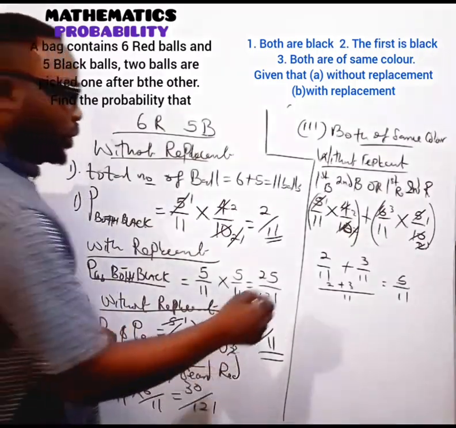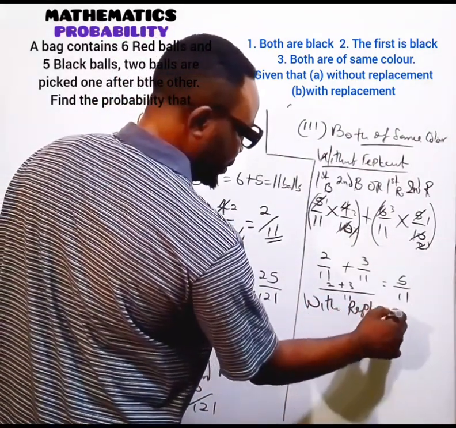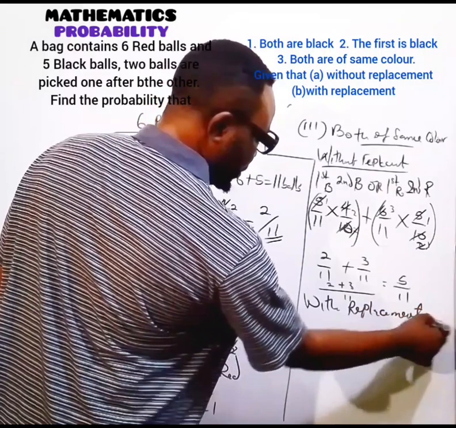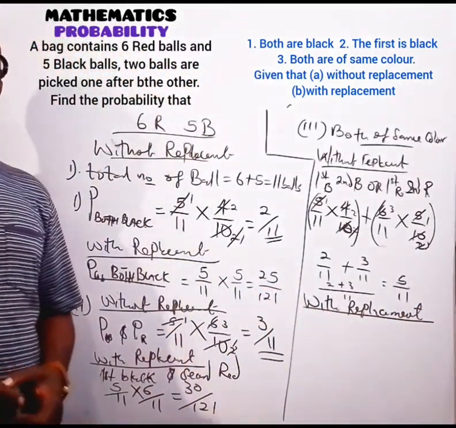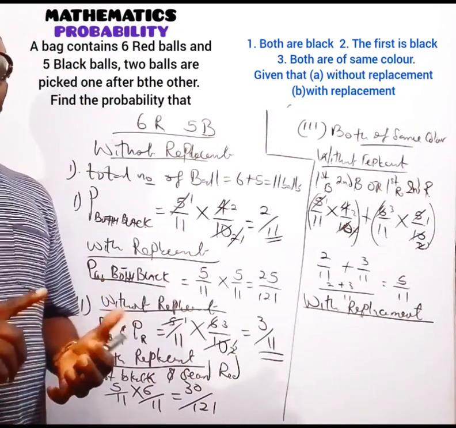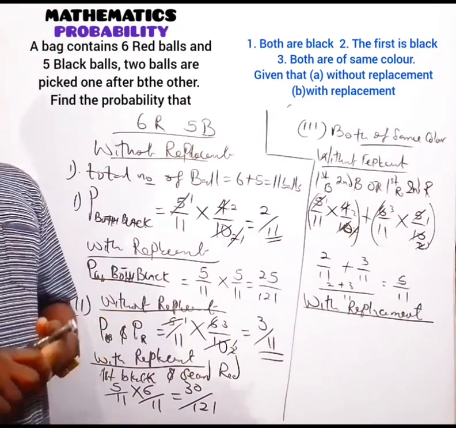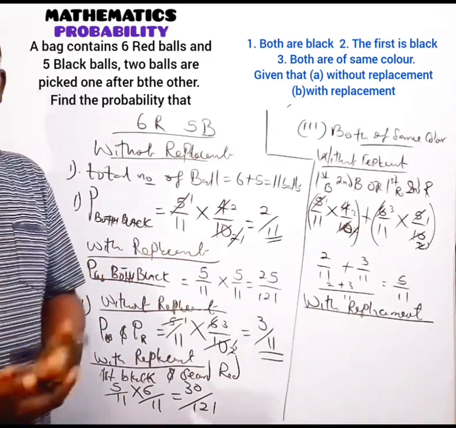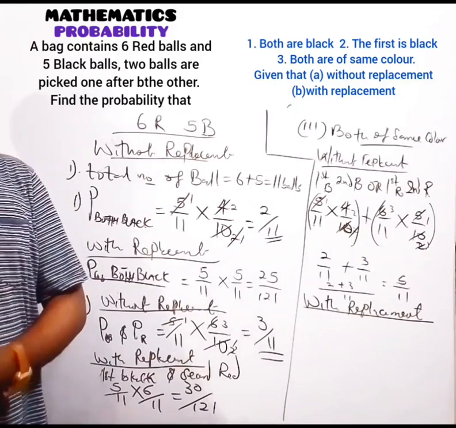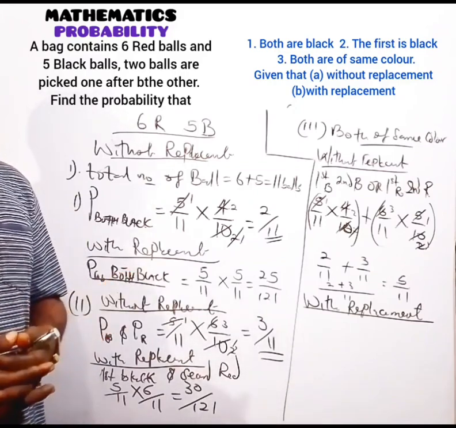Now, with replacement, we have first is black, second is black, or first is red and second is red. You can as well put red first. You are going to arrive at the same answer.